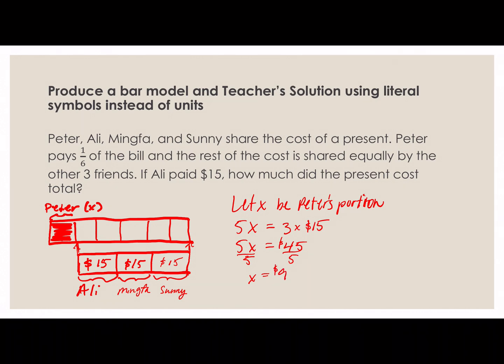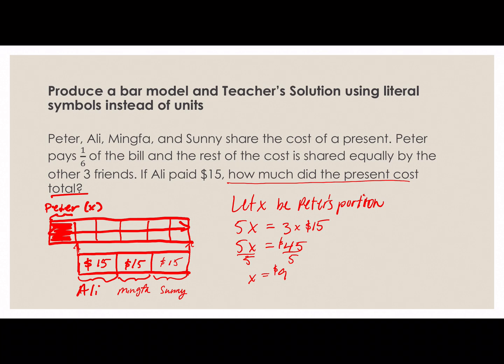Okay. Now, even though we found X, it's not the answer to our question. We need to see what the answer to our question is. How much did the present cost total? Which means I need to find out the length of this whole bar here. And when I do that, I know that there are 6 pieces, each of which is 1/6, each of which is 1x.